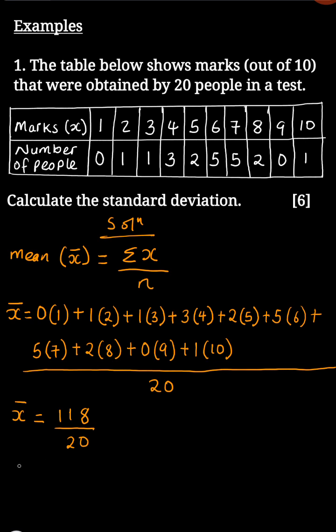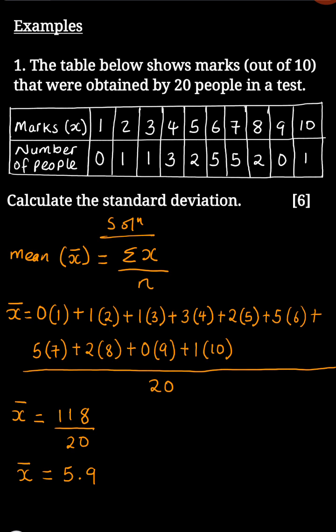So it means our x bar or the mean will be equal to 118 divided by 20, which will give you 5.9. So what this means is that our x bar is 5.9. In other words, our mean is 5.9.